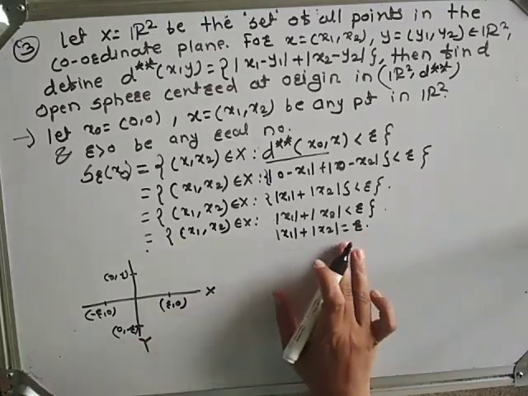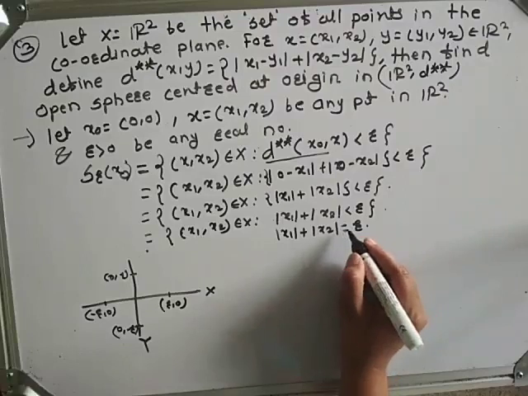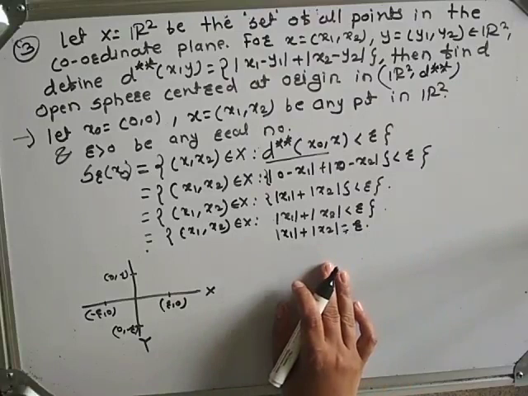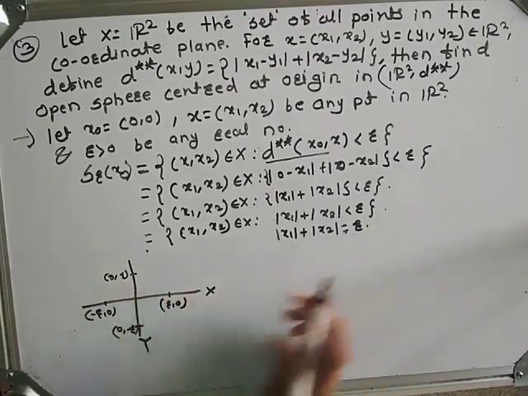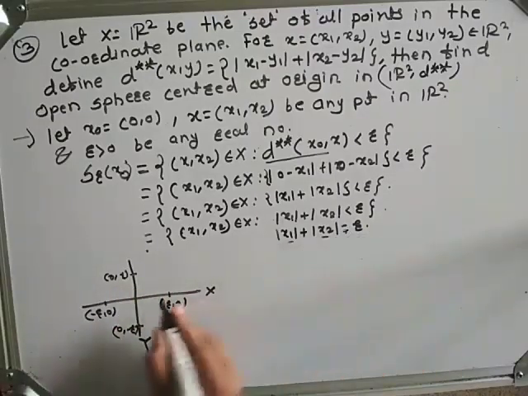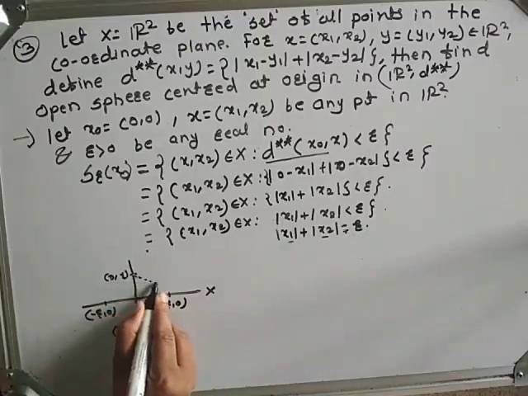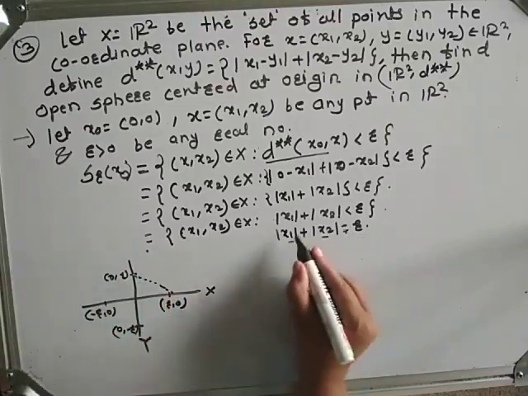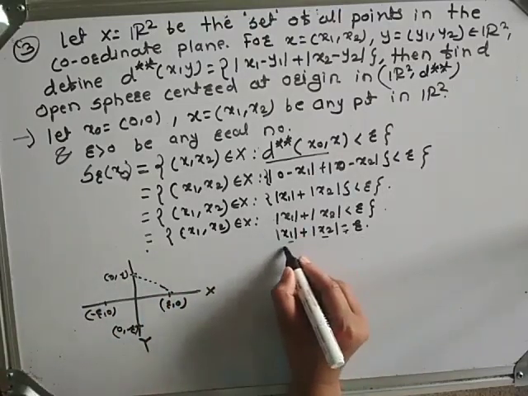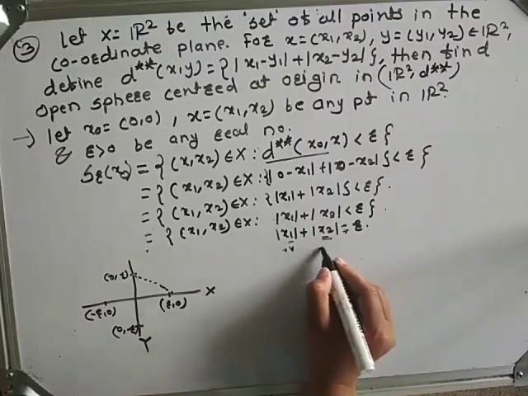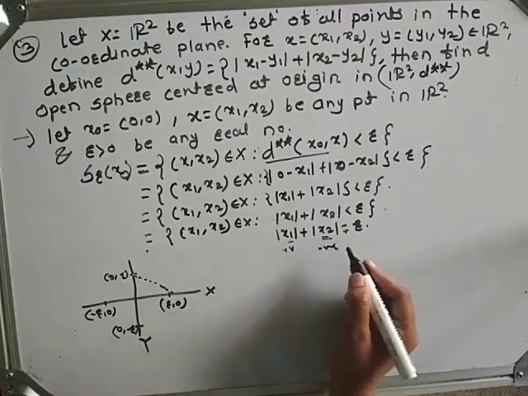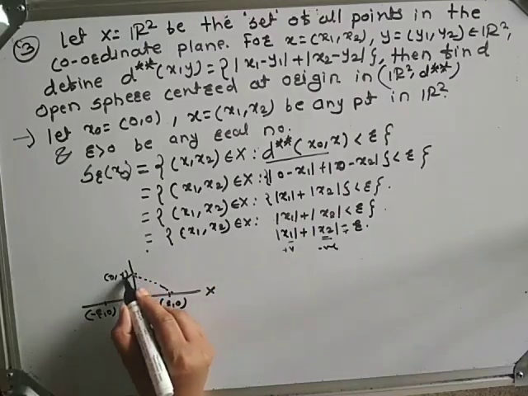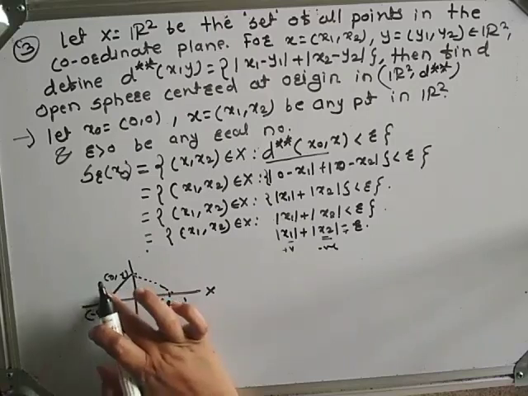Mod x1 plus mod x2 is equal to r is the straight line passing through the points r, 0 and 0, r when both x1 and x2 are positive. When x1 is negative and x2 is positive, it is a straight line passing through the points 0, r and minus r, 0.